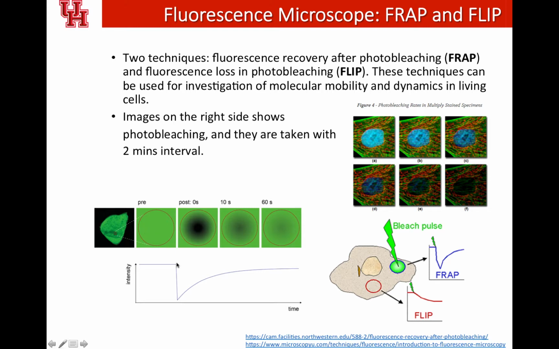You can shine a really bright bleach light pulse onto a certain location of your membrane, for example, and it will bleach this area's fluorescent molecules. These fluorescent molecules are embedded in the lipid bilayer, the cell membrane. The lipid bilayer is a dynamic environment, and Brownian motion is always moving those molecules around, including lipids and fluorescent molecules.